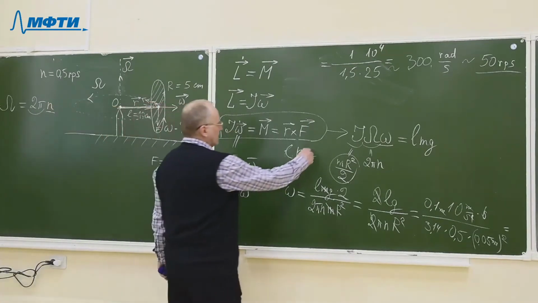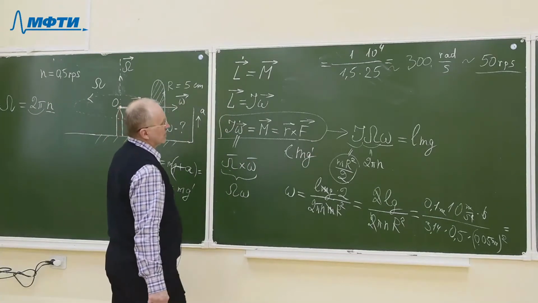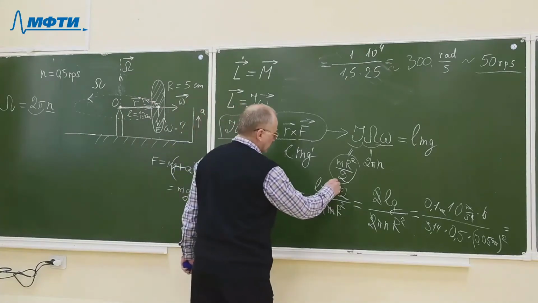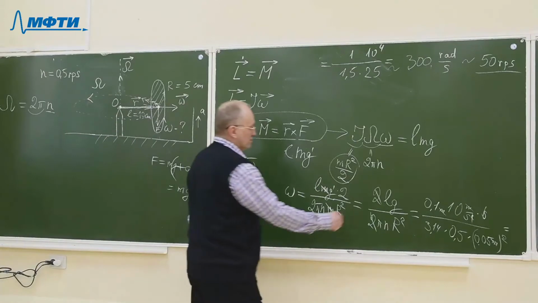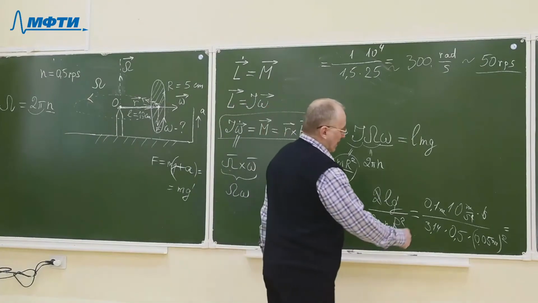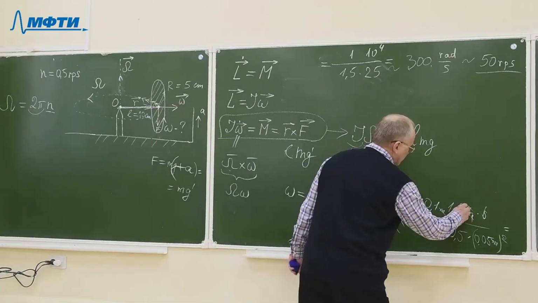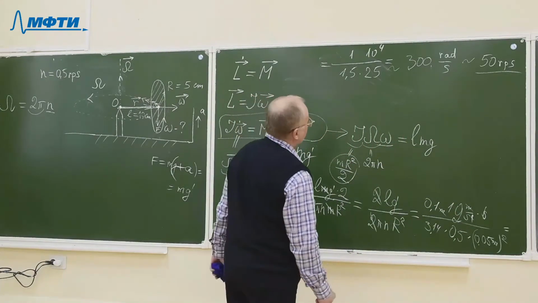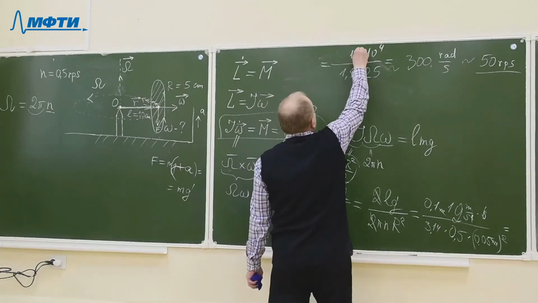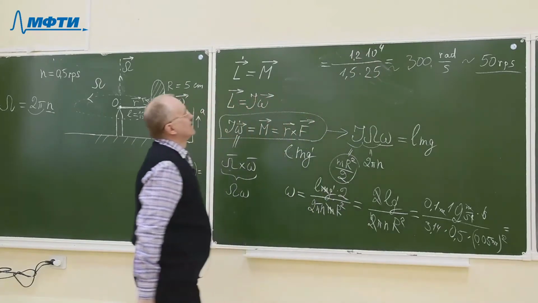And so everywhere we will have this new acceleration because everything is in a non-inertial reference frame, and that will be g prime everywhere. And it will be 12 instead of 10 meters per second squared. And so it will be 1.2 here.